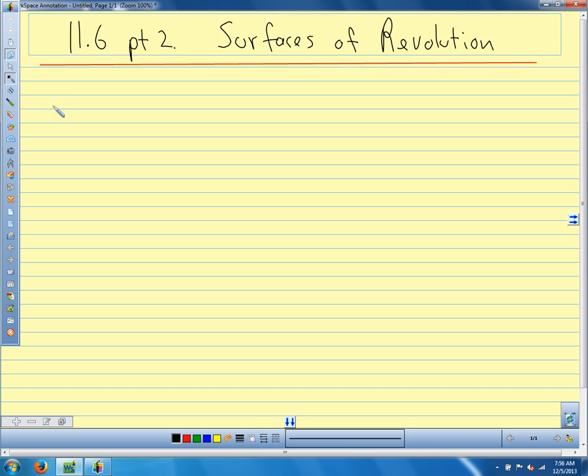So far we've talked about several special kinds of surfaces. We've talked about spheres. Spheres are nice and easy. We talked about planes. Planes, nice vectors, we deal with vectors with planes. We talked about cylindrical surfaces.